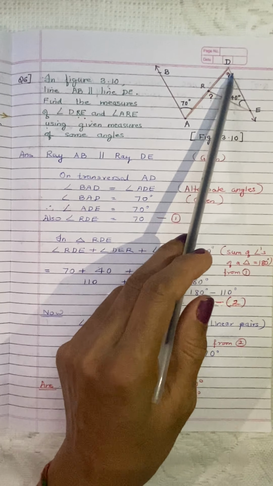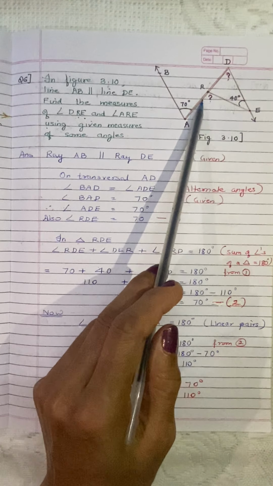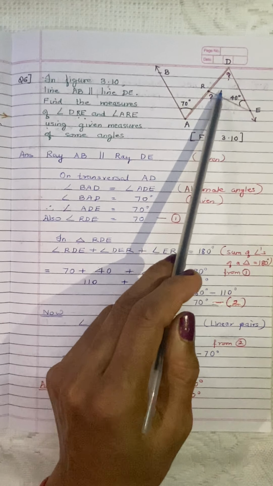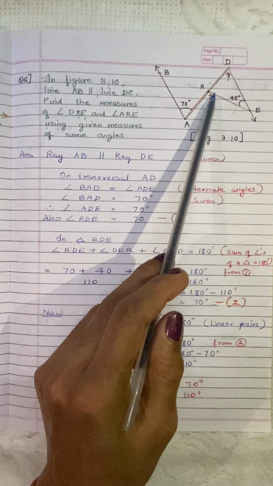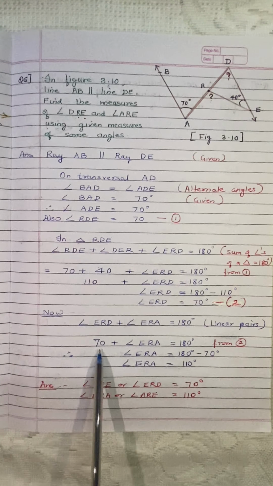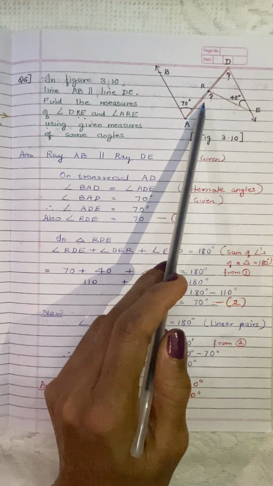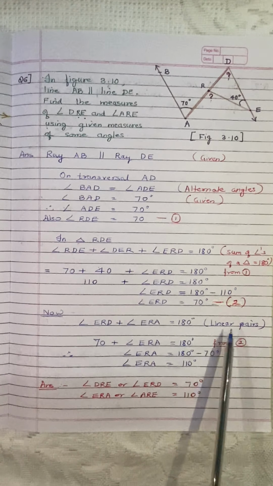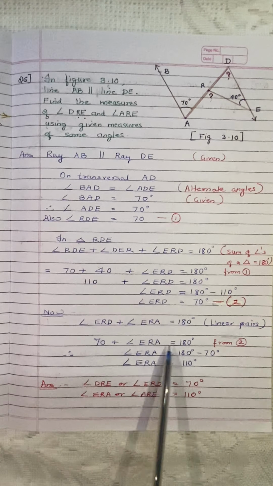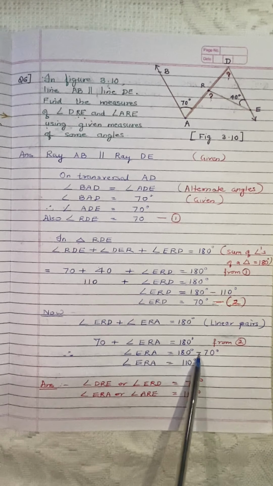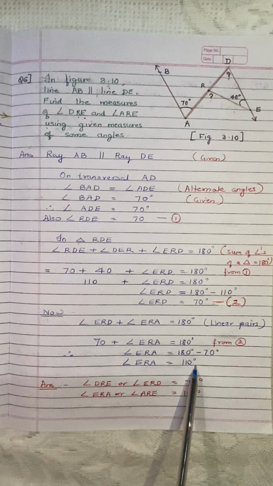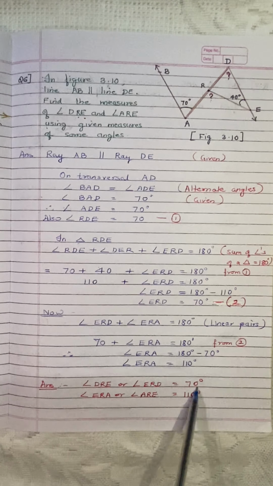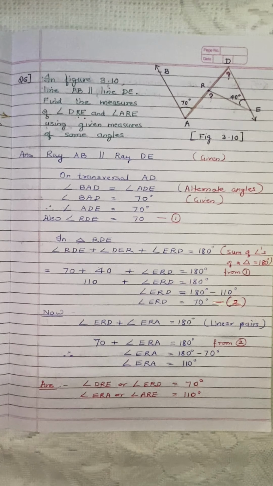If you add up these two, then also you are going to get the measure of this exterior angle, or if you consider these two angles in linear pair, then also you are going to get the same answer. So here I have taken this as linear pair. So 70 plus ERA is equal to 180, ERA is equal to 180 minus 70, that is ERA is equal to 110 degree. So we got the two answers, 70 and 110.